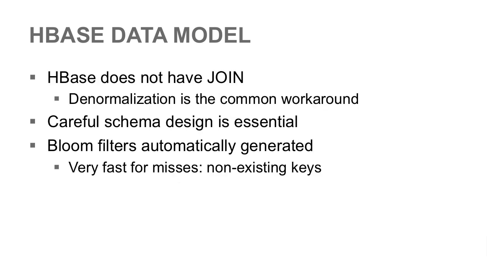We mentioned that systems like HBase often make some trade-offs, and one of the trade-offs in many of the NoSQL distributed stores is that they don't have joins, so HBase belongs to this category. Now the question is, how are you going to use such a system if you don't have joins? Well, the common workaround, or even recommended approach, is to denormalize everything.